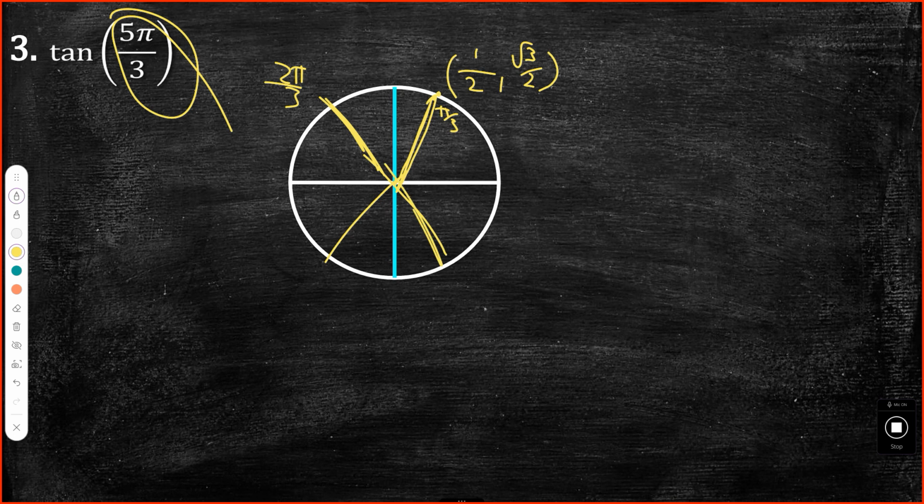That's this one here. So x is 1/2, and this one's negative root 3 over 2.